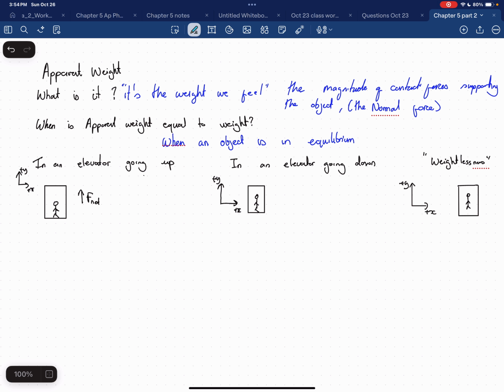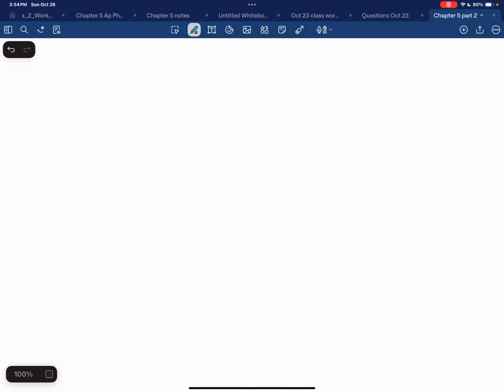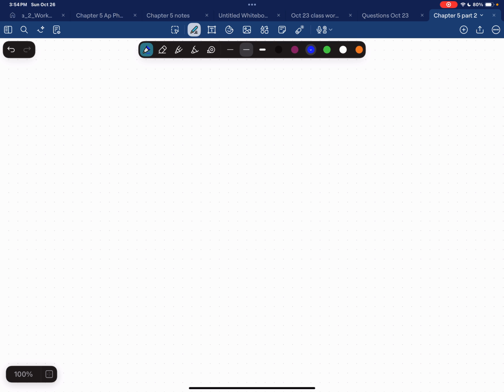I can show you a quick example. I'm just going to go lower to show you. If I'm a person on a surface, what forces are acting on me?